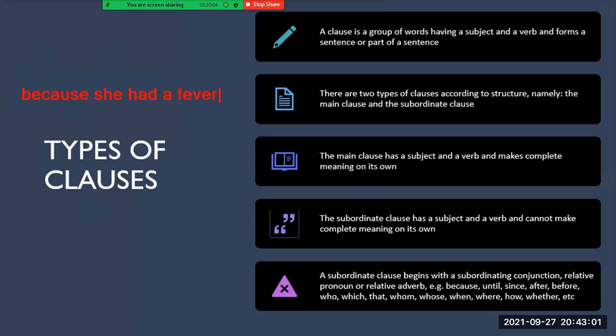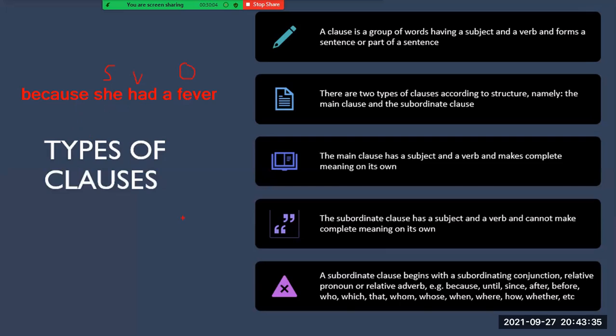Now it has a subject and a verb, but certainly it doesn't make complete meaning. The subject here is she, and the verb is had. So it has a subject, it has a verb, and here also it has an object, but it doesn't make complete meaning. It cannot stand on its own.